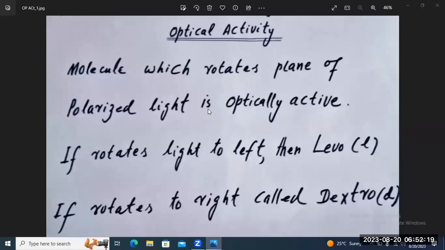Bismillahirrahmanirrahim. Today we will start with optical activity. A molecule which rotates the plane of polarized light is optically active.